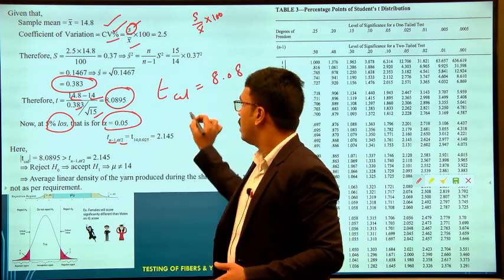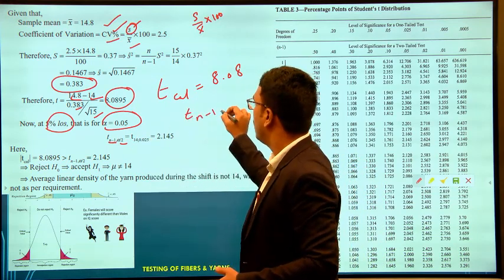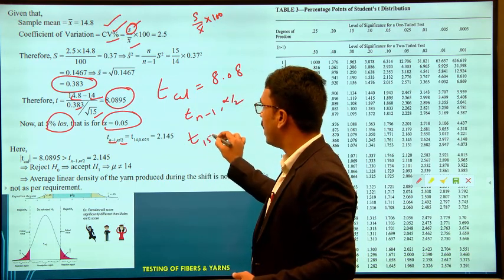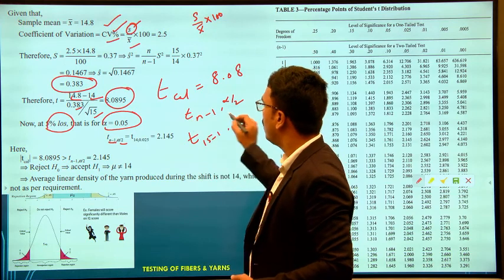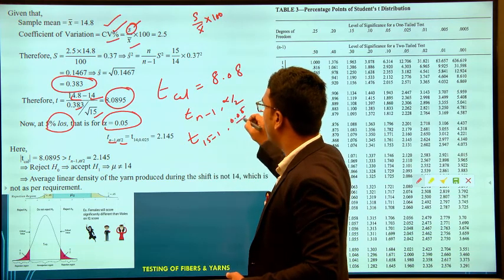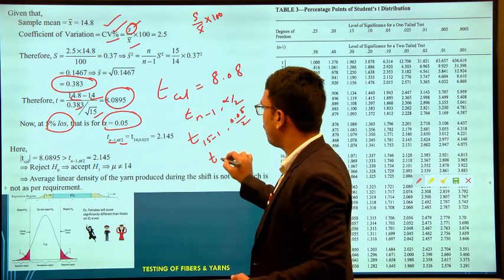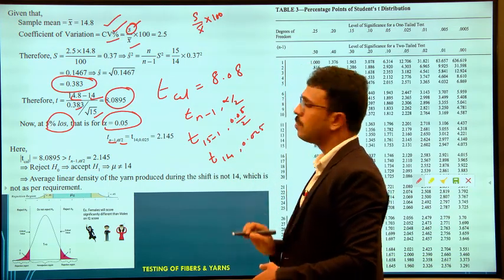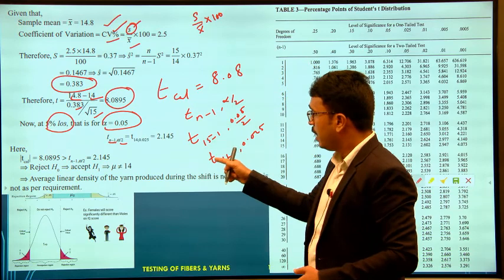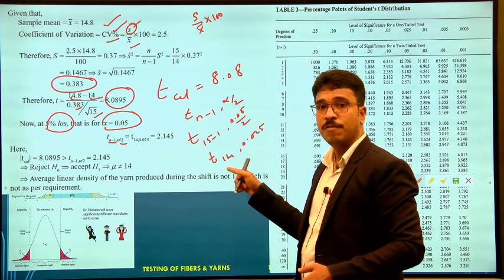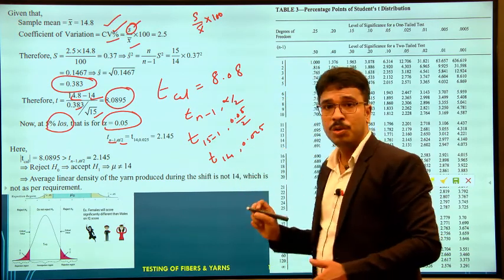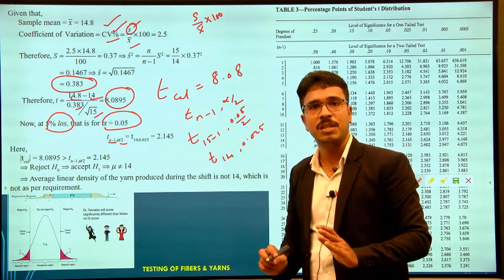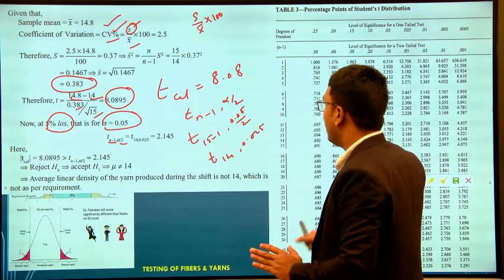So T n minus 1 comma alpha by 2. What is the n value? 15 minus 1. What is alpha? 0.05 divided by 2. That means T 14 comma 0.025. So T at 14 degrees of freedom at 0.025 significance, that is the rejection region, where we have to see the table value.